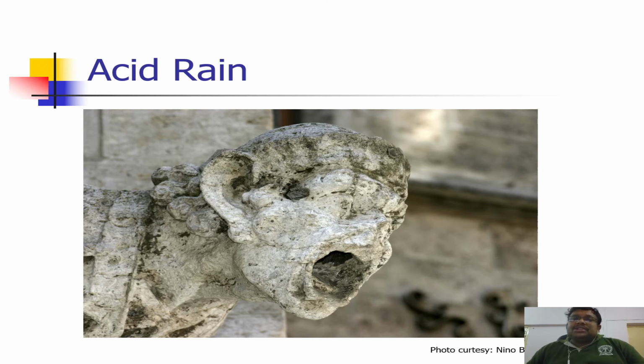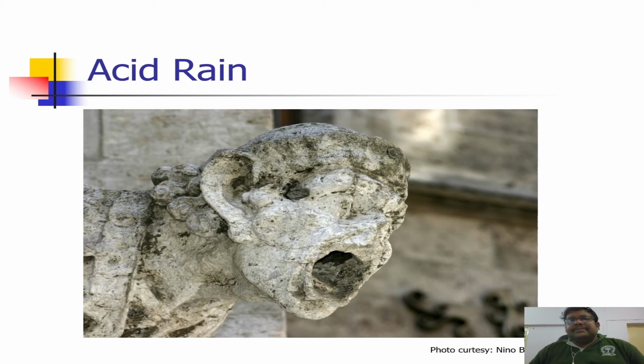So when these oxides of nitrogen, sulfur and carbon go to the atmosphere, they react with water vapor, producing acids like nitric acid and sulfuric acid, and when these acids come back to the earth's surface through rainfall, that is called acid rain.